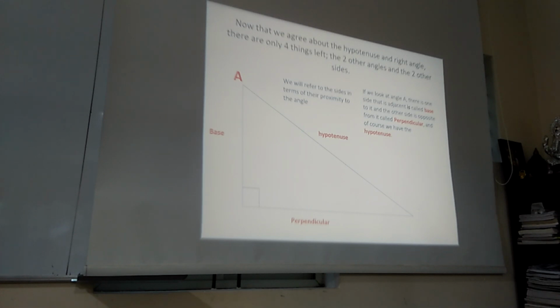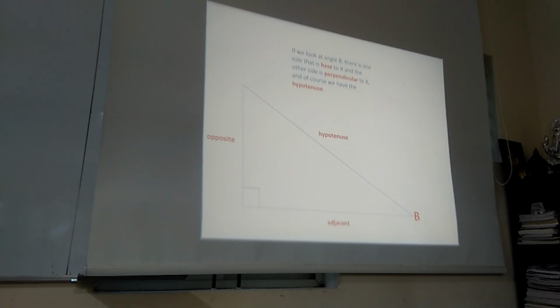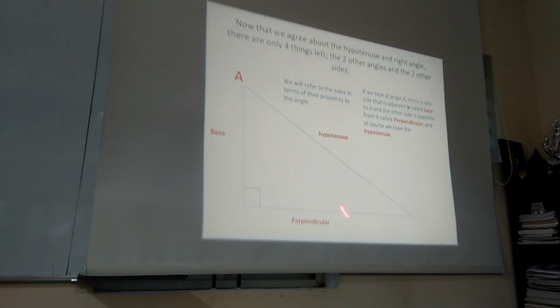Sir, if the angle is at C, it becomes the opposite. Just these two values will shift. Hypotenuse remains as hypotenuse. We have a picture over here. See, if the angle theta is up here, this becomes the opposite, this becomes the adjacent. If the angle is over here, this becomes the perpendicular, this becomes the adjacent.